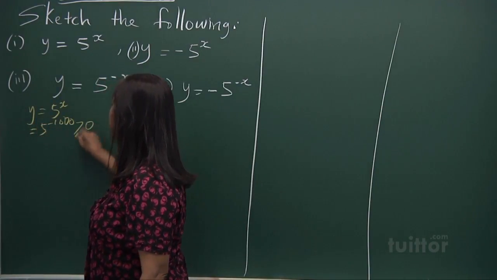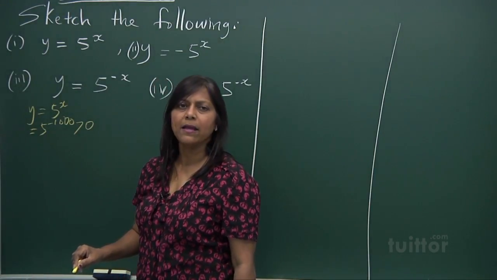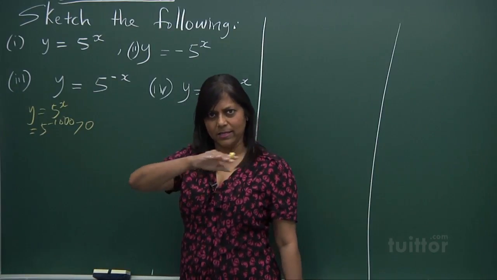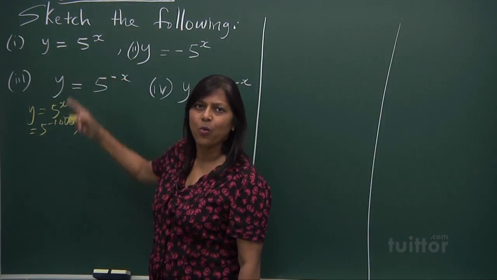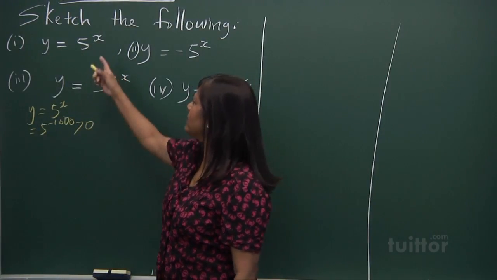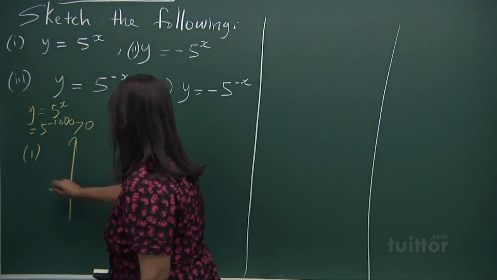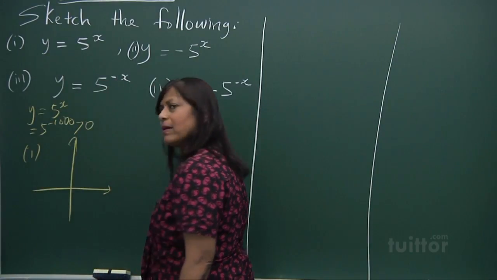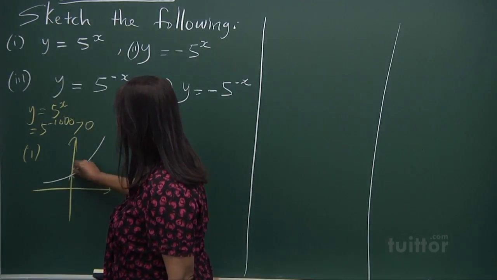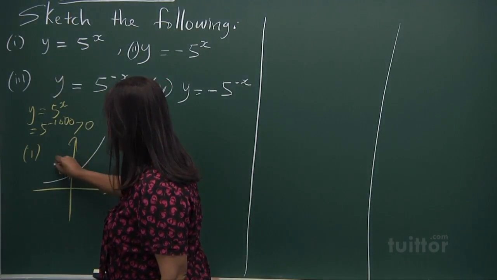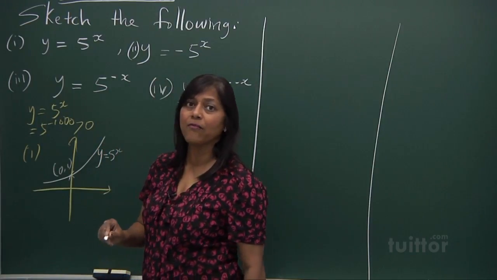It will still be greater than 0. So we know earlier on that y equals 0 is the asymptote. It does not cross. And when x gets bigger and bigger, y gets bigger and bigger. So what's the shape of graph number 1? When x is 0, y is 1.